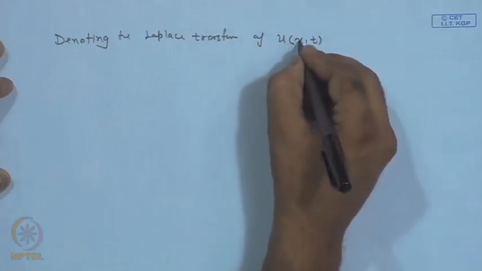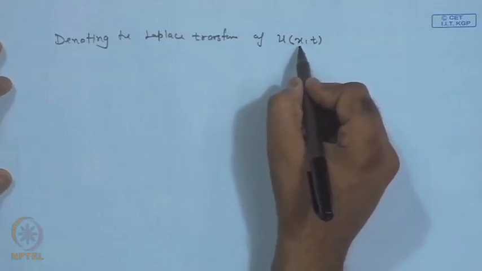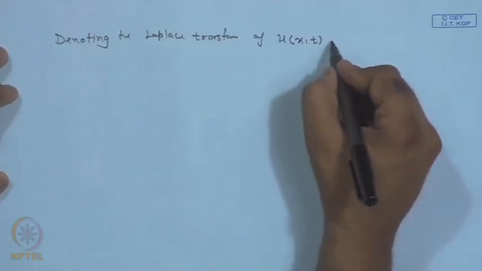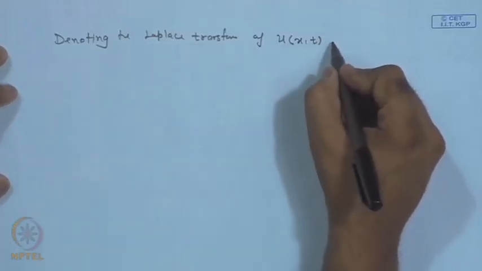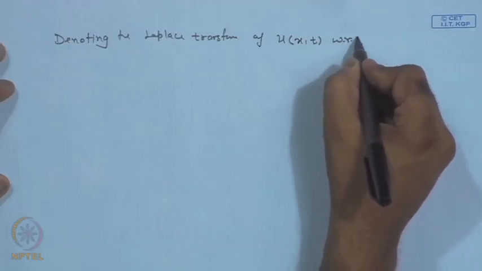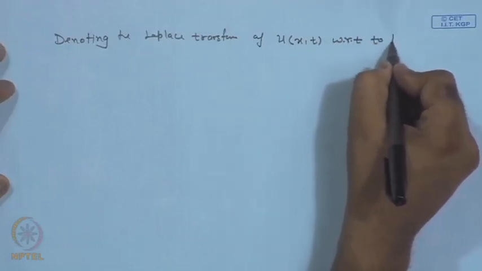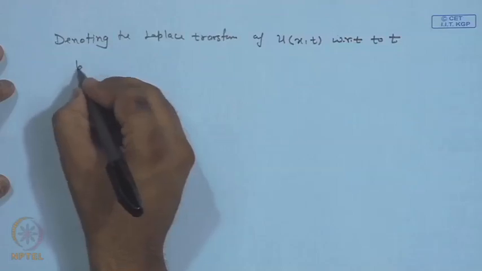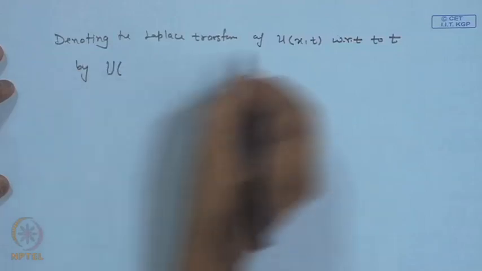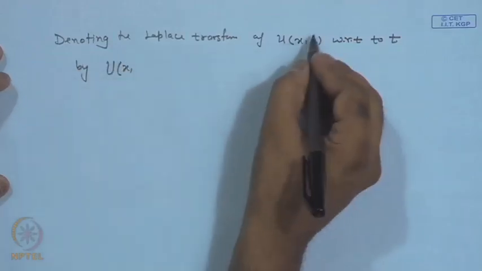We have two independent variables, x and t. We denote this Laplace transform with respect to t by U(x,s).